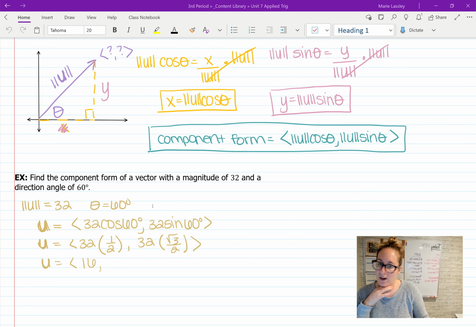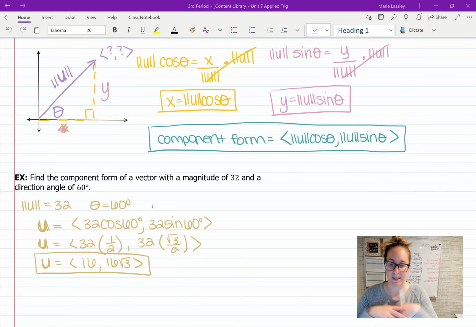And then 32, again, divided in half is going to be 16, and then we have that √3. So that is our component form. And yes, you would be expected to give that answer. Don't be surprised. You have to use your unit circle.